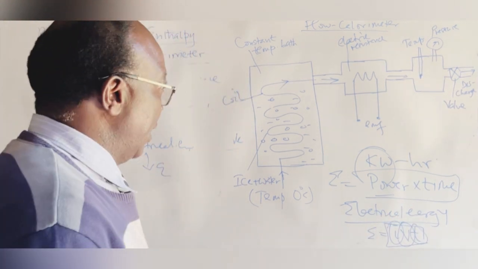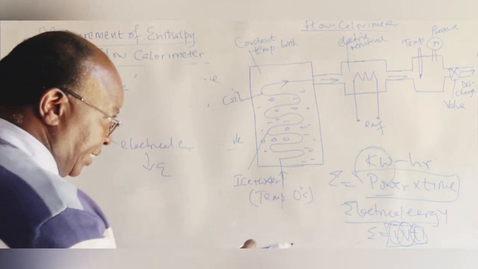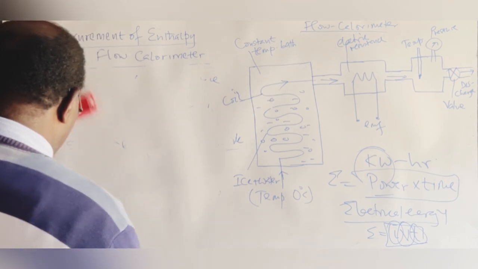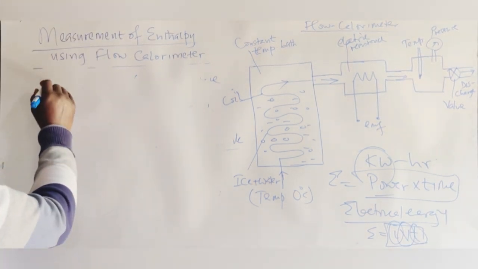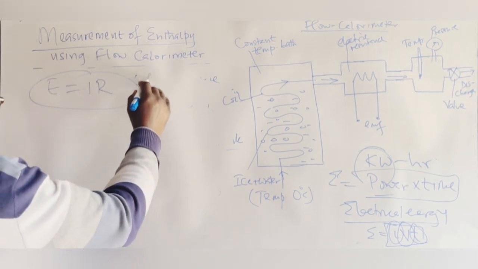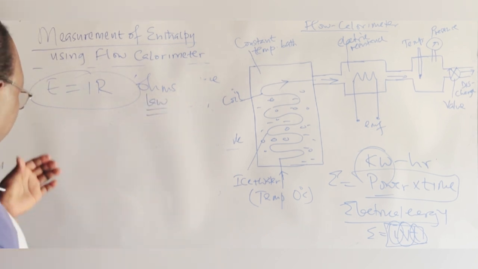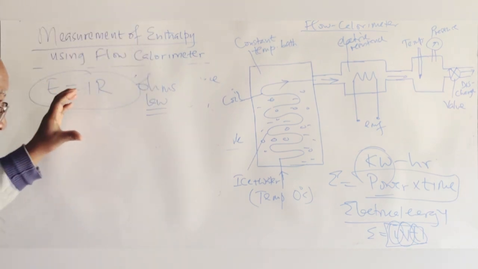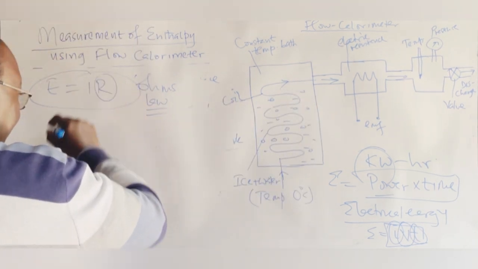And remember that resistance is given by Ohm's law. Electrical resistance is given by Ohm's law. Remember, V is equal to IR. That is Ohm's law. So in this system, as the voltage is applied, then the current flows. There is always a resistance.